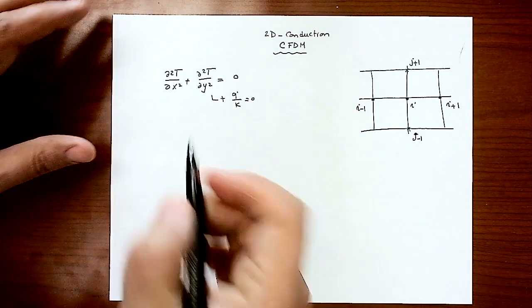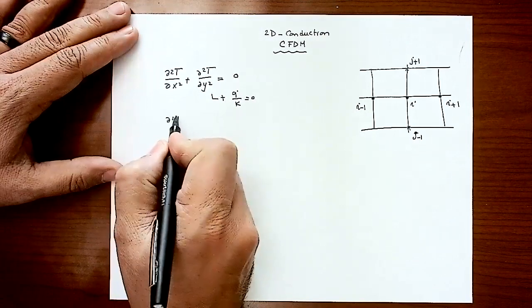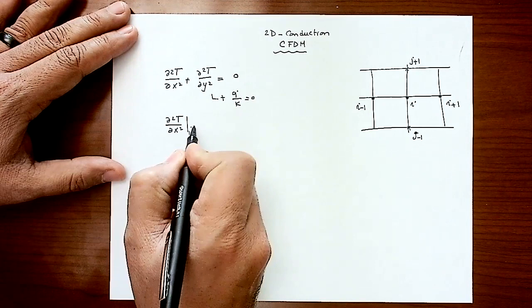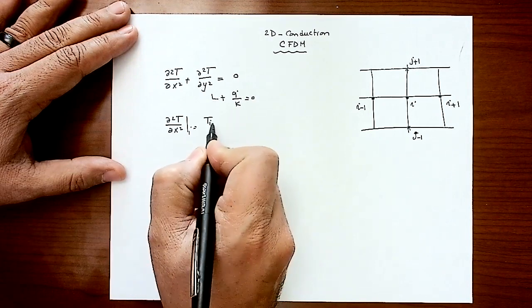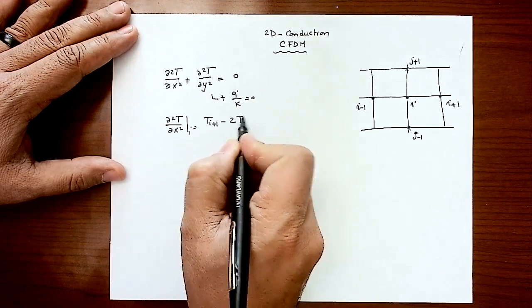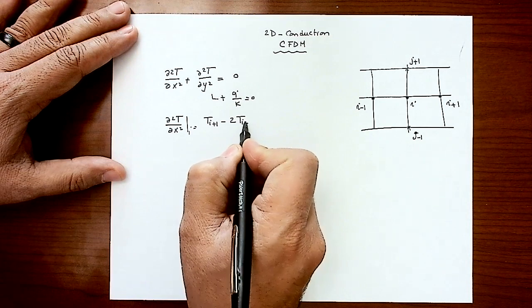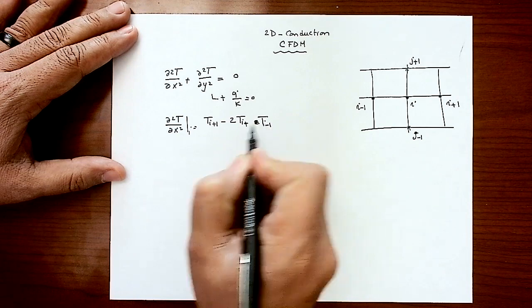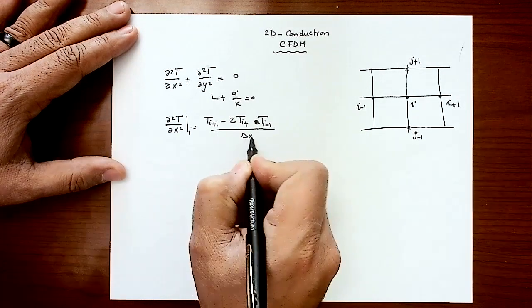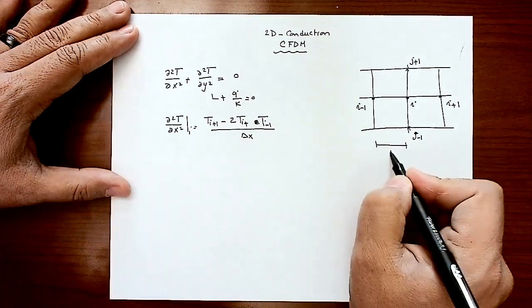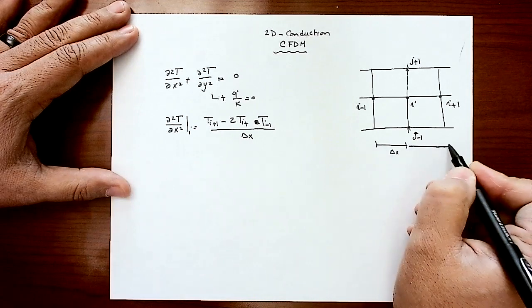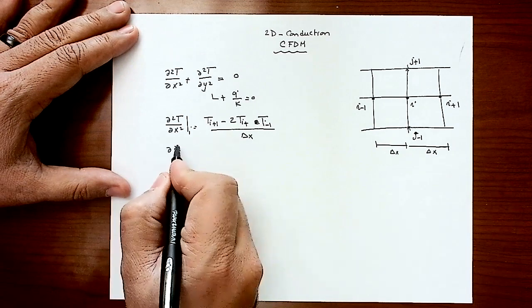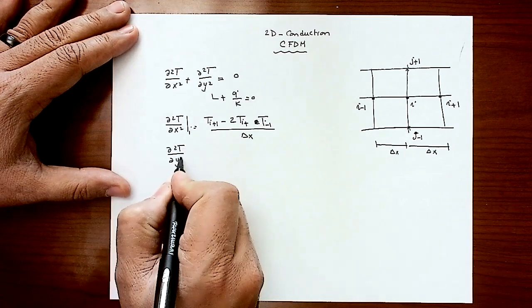And in this case, instead of only using the approximation of the central finite difference method for the x direction, which is T i plus 1 minus 2 T i plus T i minus 1 divided by delta x squared, where delta x is the span between the nodes like this, now you will need the approximation for partial 2T by partial y squared.